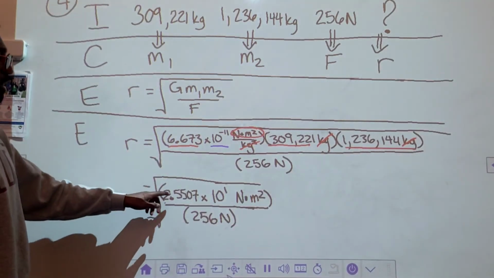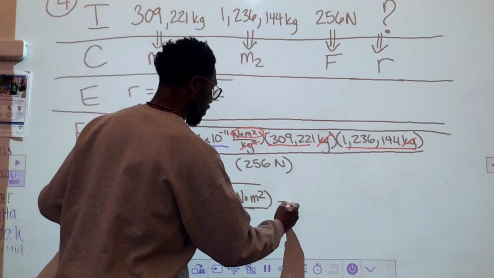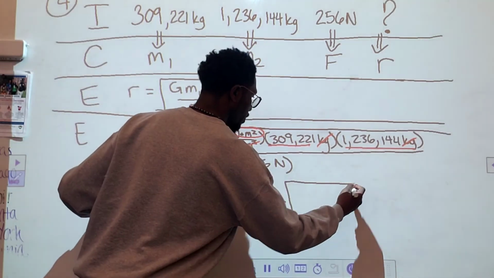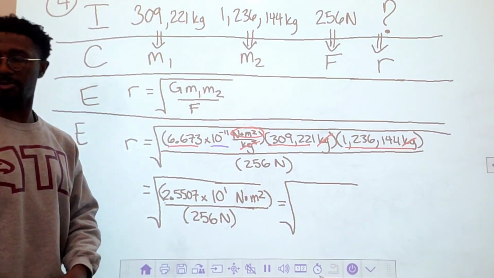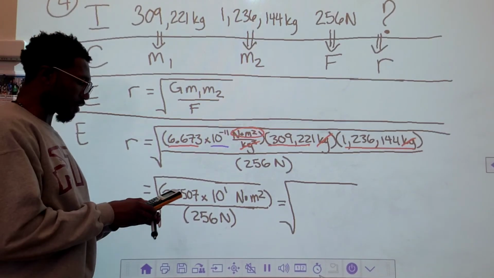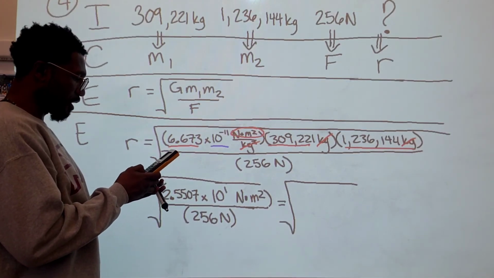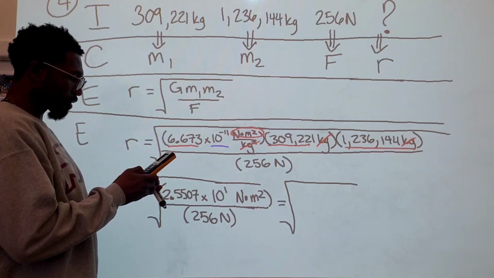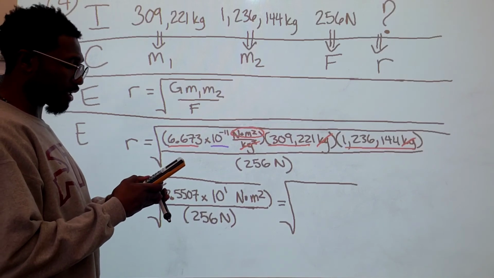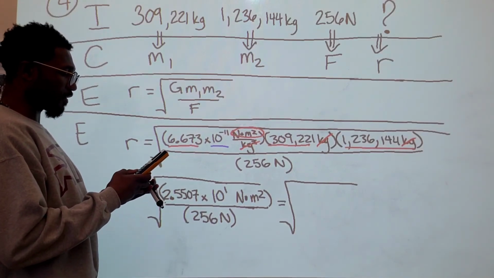Now we're going to go ahead and solve this problem, okay? We are going to keep our square root symbol because we're first going to go ahead and do the division inside the symbol. All right, so let me grab my calculator. I'm going to plug into the calculator 2.5507 times 10 raised to the first power. All right, I'm going to do that first, click equals, and now I'm going to divide by 256.